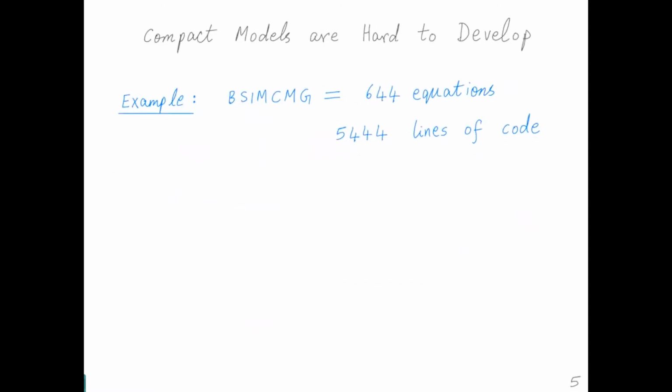Now, if you look at real compact models in the industry, they are extremely hard to develop. The canonical example here is a BSIM compact model, which is essentially a model that describes how modern MOS transistors work. The BSIM model has 644 equations and 5,400 lines of code.